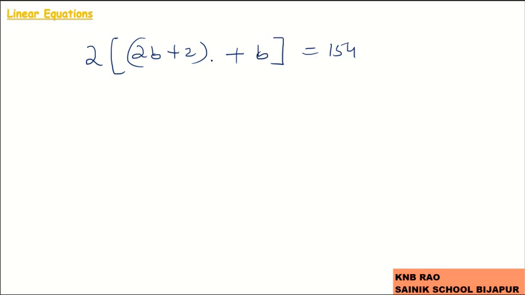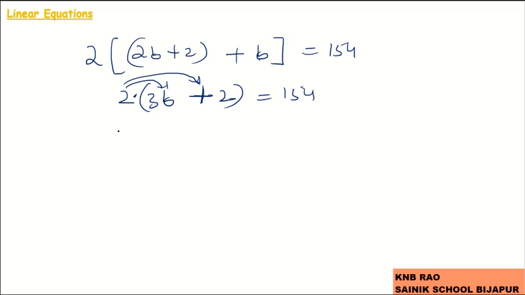You know, 2 times L is 2B plus 2, plus B equals 154. By adding inside the bracket, B plus 2B is 3B, both are like terms. 3B plus 2 into 2 equals 154, and 2 is multiplication distributed over addition.